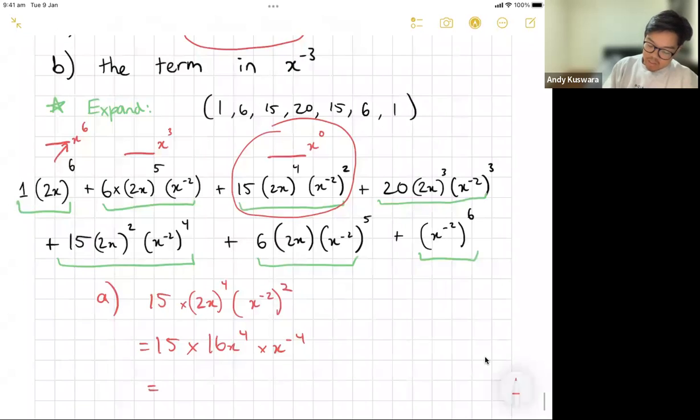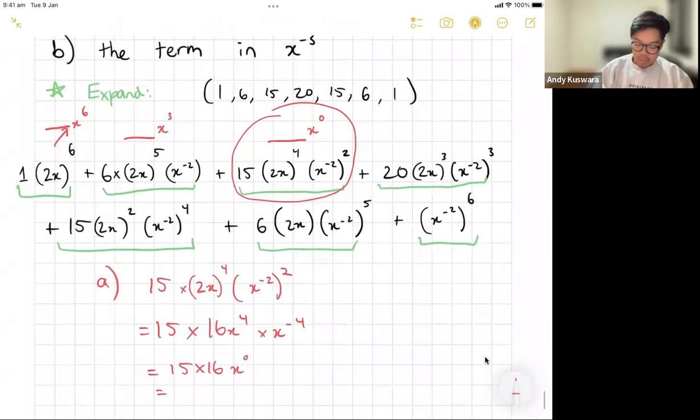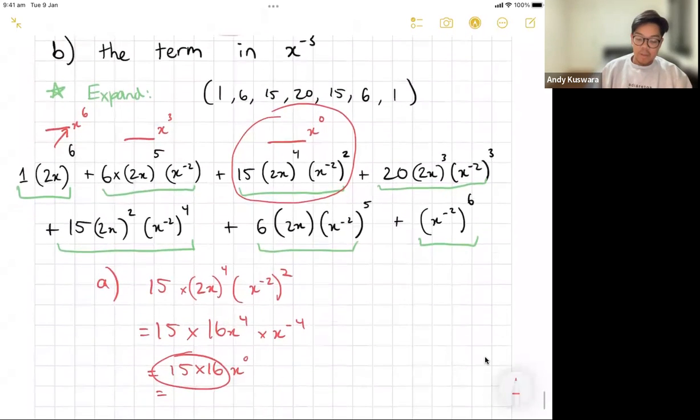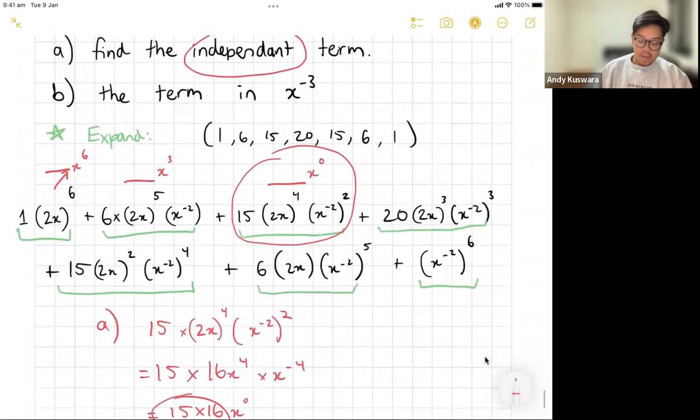Now again, let's just clean that up. It's just going to be 15 times 16 x to the 0. And whatever 15 times 16 is, I don't have my calculator on me. Oh boy, right when I need it. 15 times 16, that there, that's going to be your independent term.